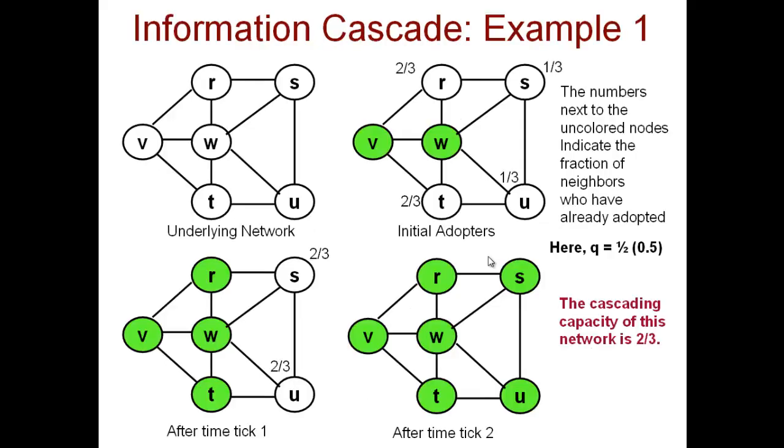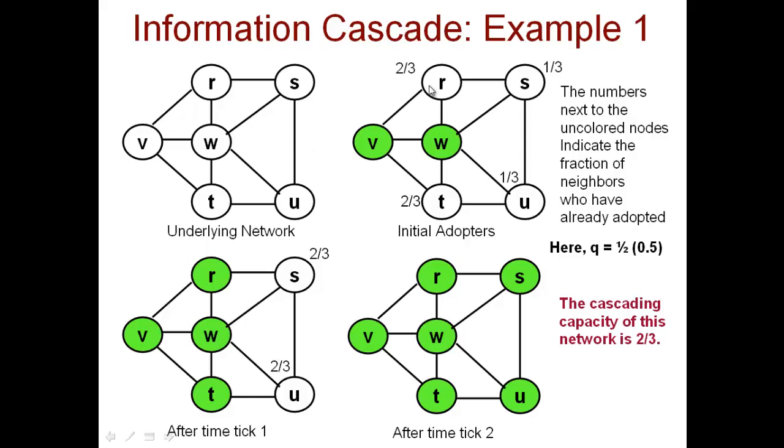So take this problem. This is the given network, V and W are the initial adopters, and let me say q is 0.5 or 1/2. That means each node will adopt a decision if at least 1/2 of its neighbors have adopted the same decision. Given these initial adopters, for each node we find what fraction of the neighbors have adopted the decision.